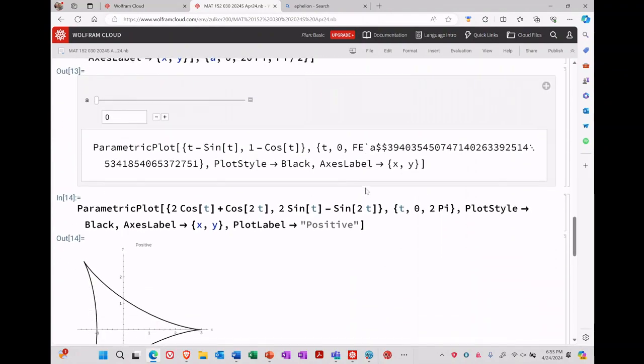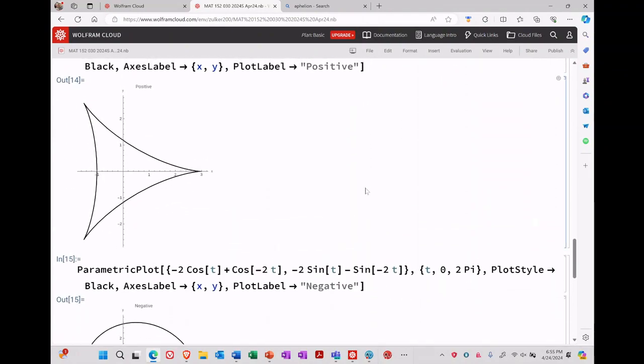Right, so again, that was when we had 2's. What do we think it's going to look like if we replace 2 with 3?